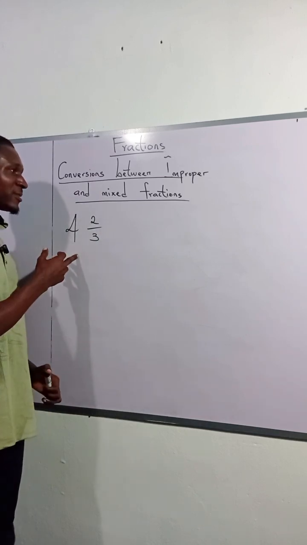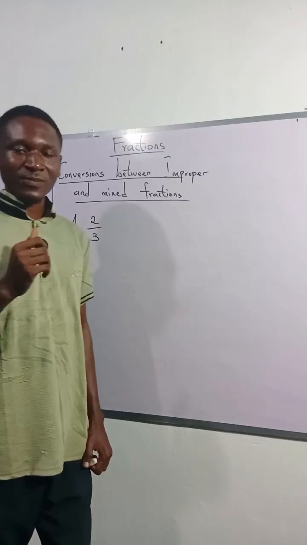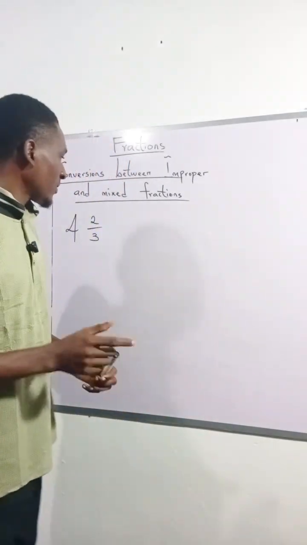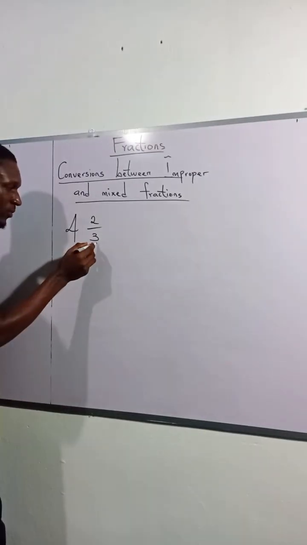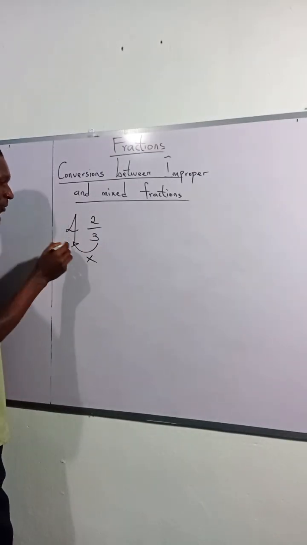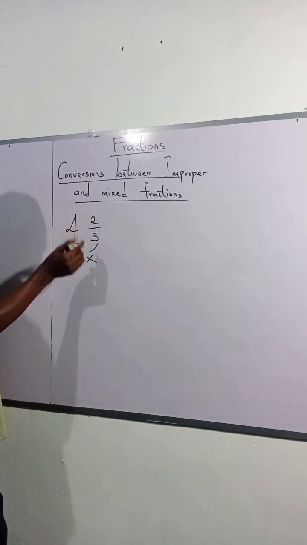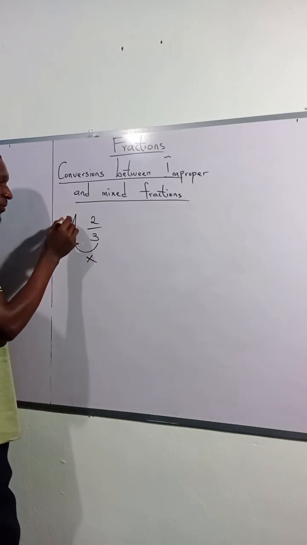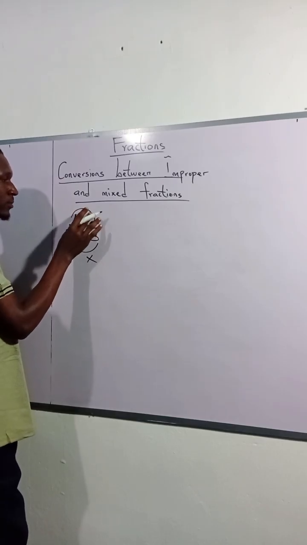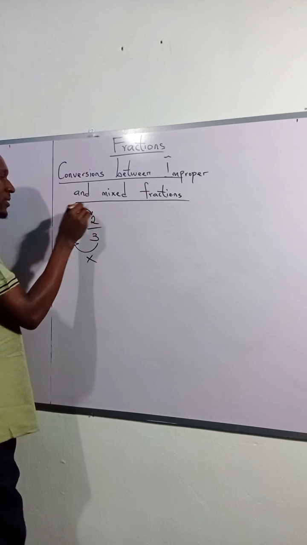How do we convert this back into an improper fraction? Yes, there are 3 things we are going to do. The first thing we are going to do is multiply 3 by 4, and then you add it to the 2.